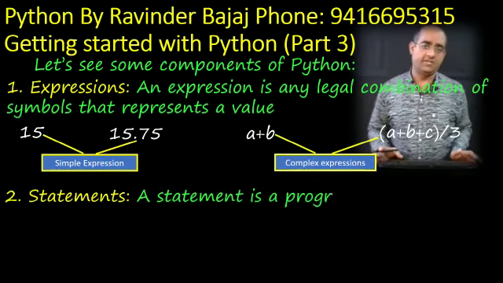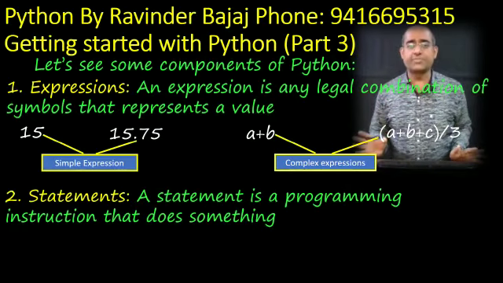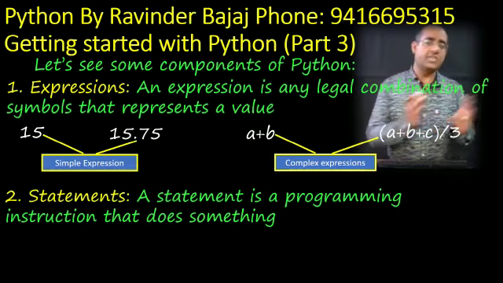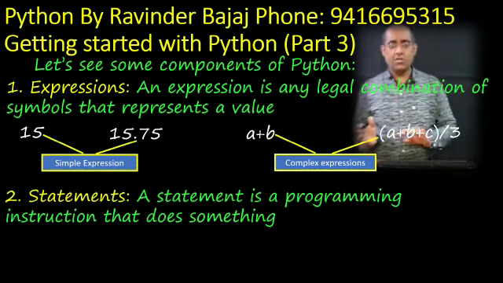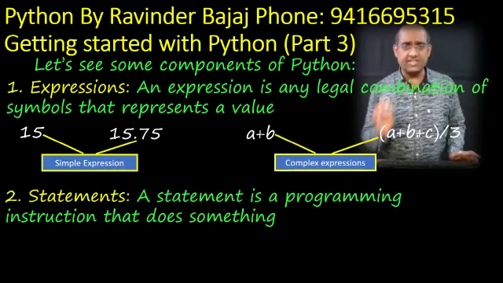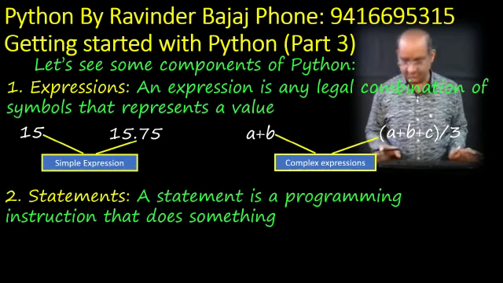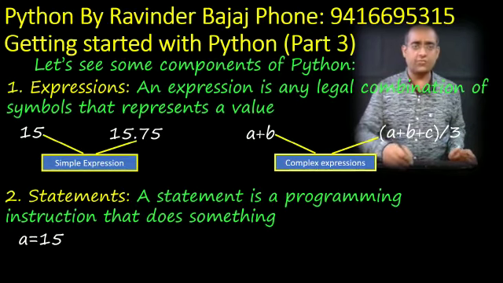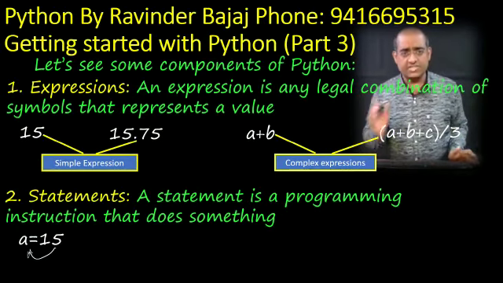Next is statement. A statement is a programming instruction that does something. Means when we assign an expression to some variable, it becomes a statement, or a print statement, or a loop statement. If some lines or a single line is giving some instructions to the interpreter, that is called a statement. See examples: a is equal to 15 means we are assigning the value 15 to the variable a, so it is a statement.